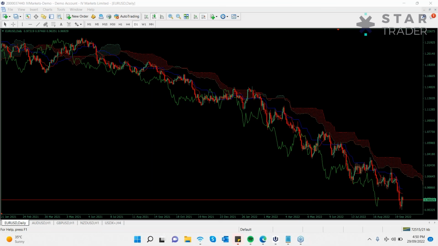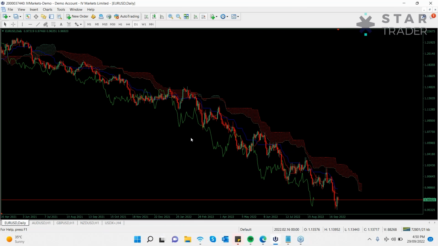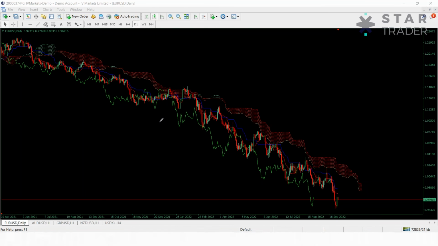So that's it for now regarding the Ichimoku Kinko Hyo indicator. And currently, if you want me to tell you about the current market situation, it is just my opinion, please do not trade on it, because we always study different aspects of the market to predict it. But according to this indicator, the market trend is strictly bearish.